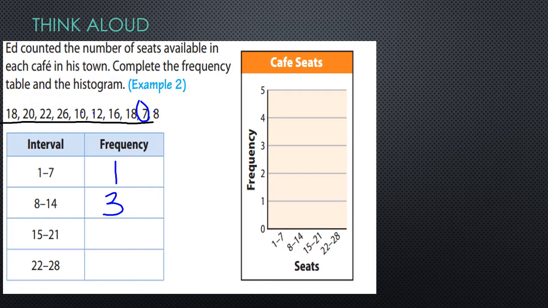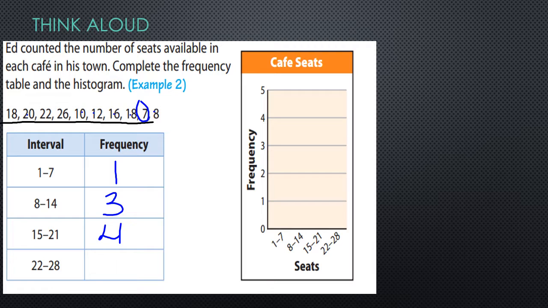And then 15 through 21. We have 16, 18, 18, and 20, which gives us 4 for the frequency.